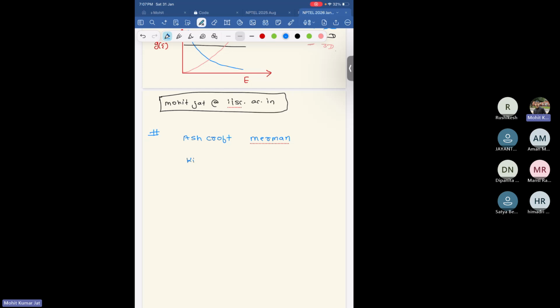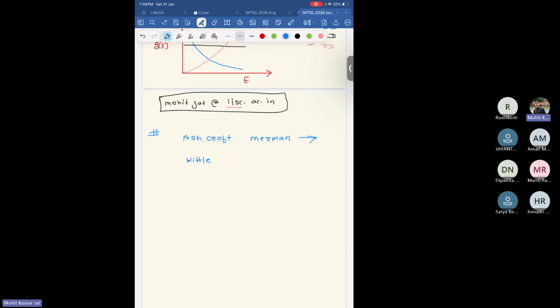I prefer Ashcroft Mermin more because I was first introduced to Ashcroft Mermin, then Charles Kittel. So that's why it's my favorite. I'm more inclined to this book. But I heard that people also enjoy Charles Kittel. So this is something which you also can follow.